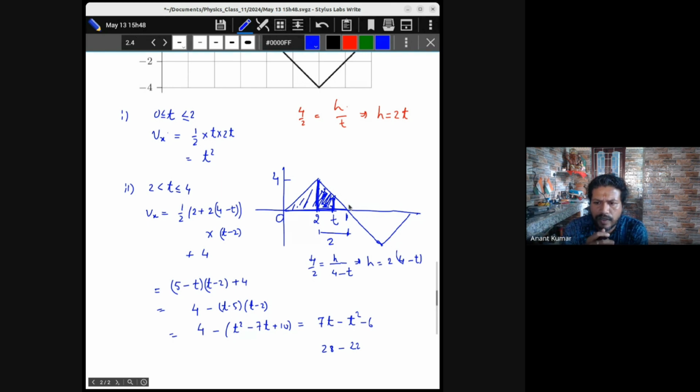What mistake have we done? Put t equal to 4. Oh, sorry. The mistake lies over here. This is not 2 by the way, this is 4. So the change I have to do is over here.